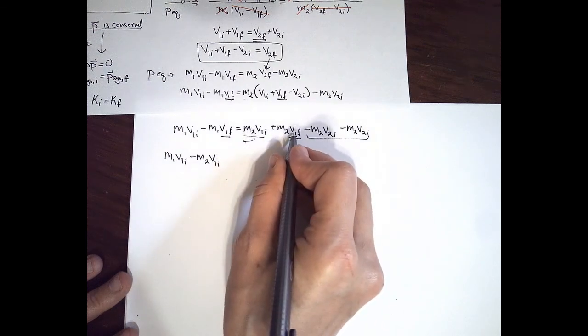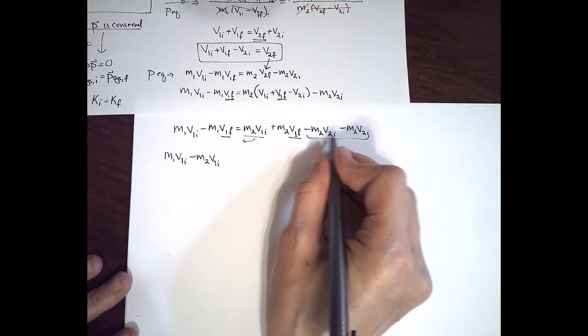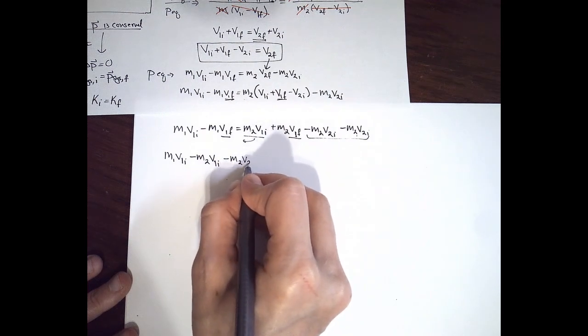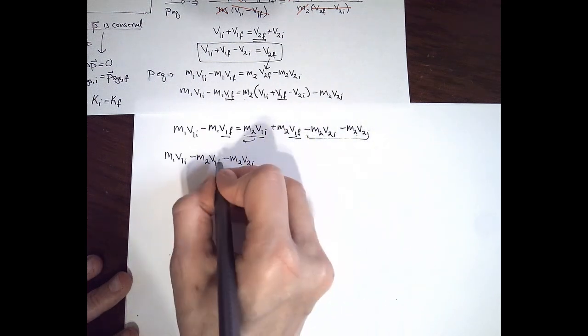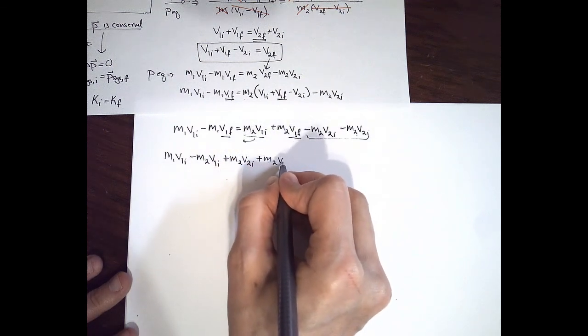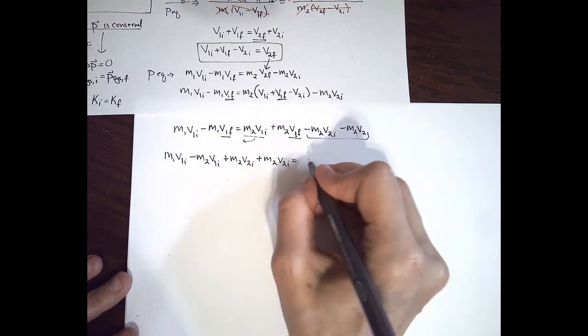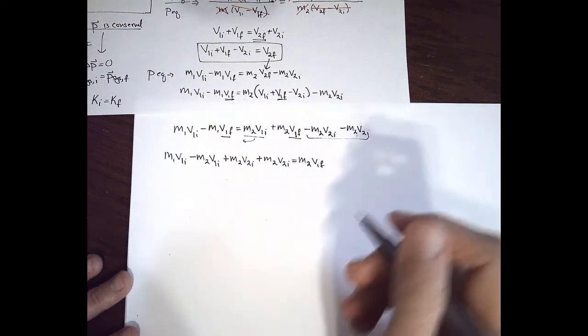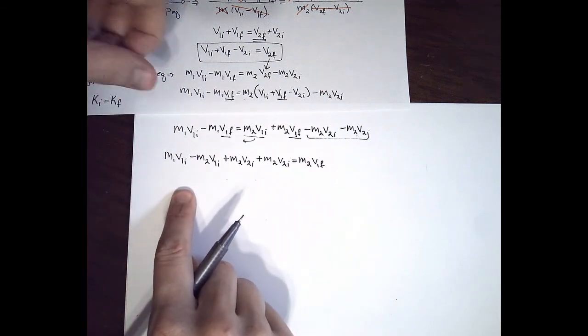Let's see, this one can stay where it is. We'll move these two over. So we'll get minus M2 V2 initial. There's minus over here. I guess it's plus when it goes to the other side of the equation. Same with this guy. And then we got M2 V1 final. All right, let's make sure we got all of our terms.